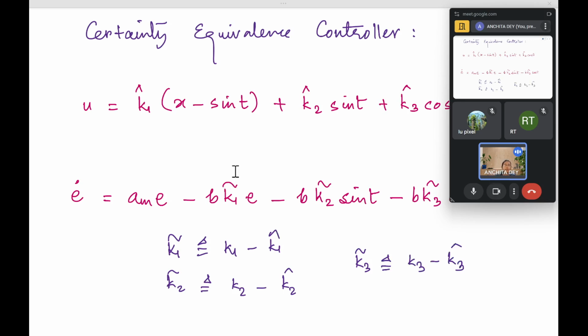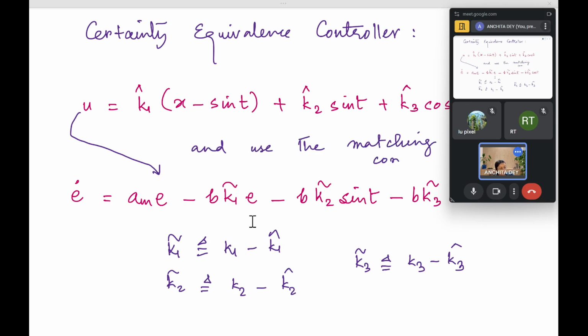So you use the matching conditions and put this U expression in the E dot expression, and use the matching conditions to obtain this E dot.